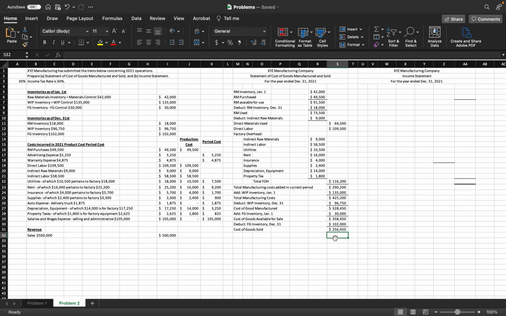So we now have completed part 1 of the problem, where it asks us to do the statement of cost of goods manufactured, which will be this number right here, and then the cost of goods sold will be right here. Now the second part of the problem asks us to prepare an income statement.